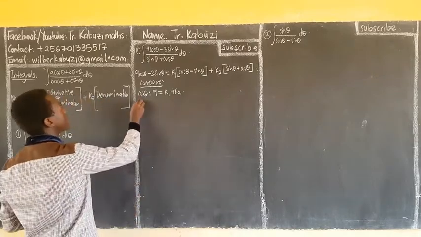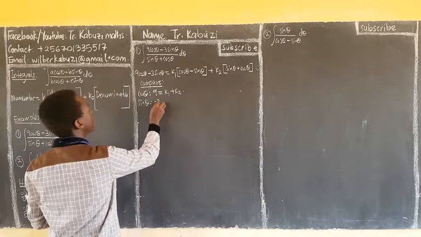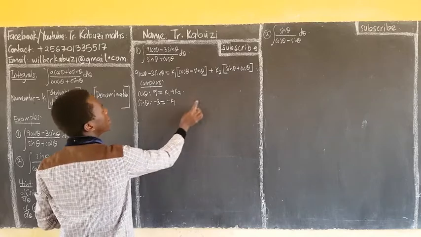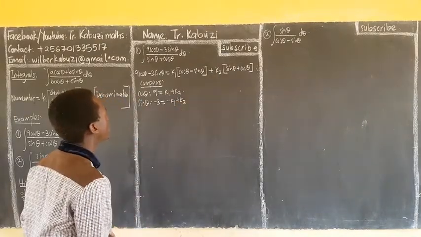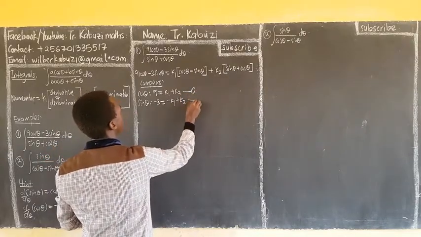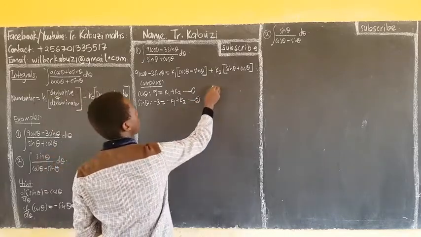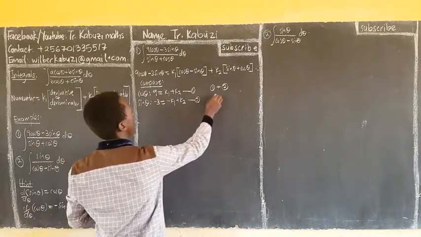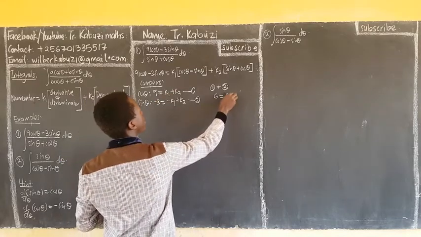Then for sin theta, this side I have negative 3, and this side I have negative K1 plus K2. These are equation 1 and equation 2. If I add them, I get 6 equaling 2K2.